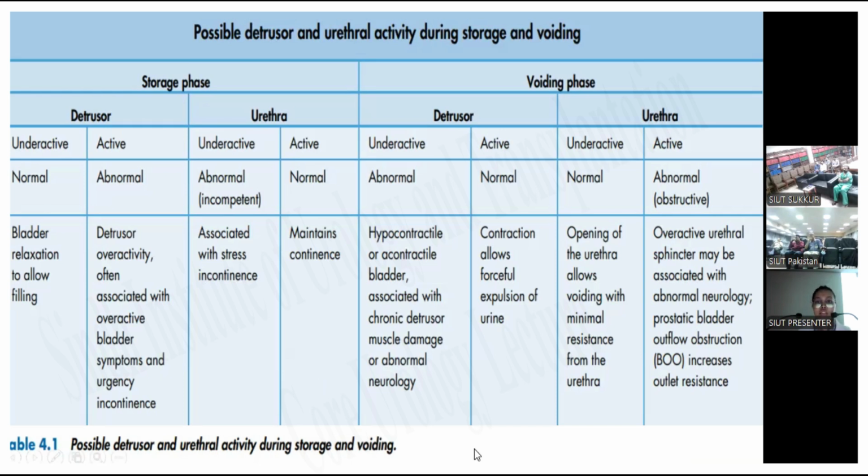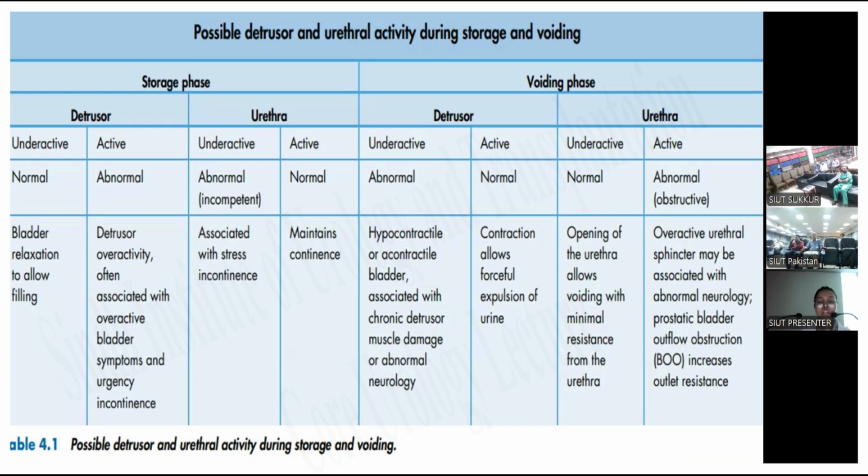For the voiding phase, there are again normal and abnormal things. If voiding is normal, then the detrusor should be active. That means it should contract normally to allow the expulsion of urine. While the urethra should be in an underactive phase. That means it should not contract. It should be relaxed so as to allow the flow of urine outside of the bladder.